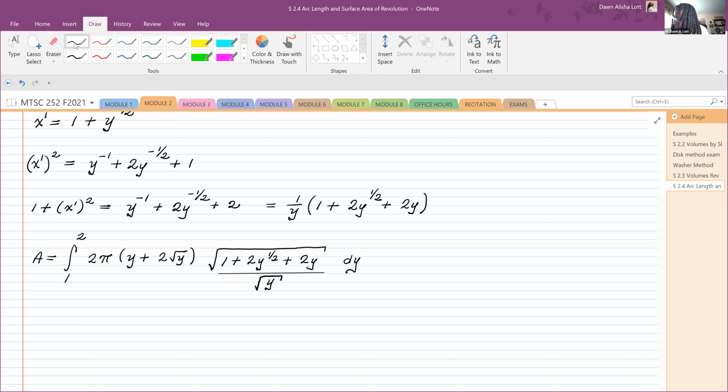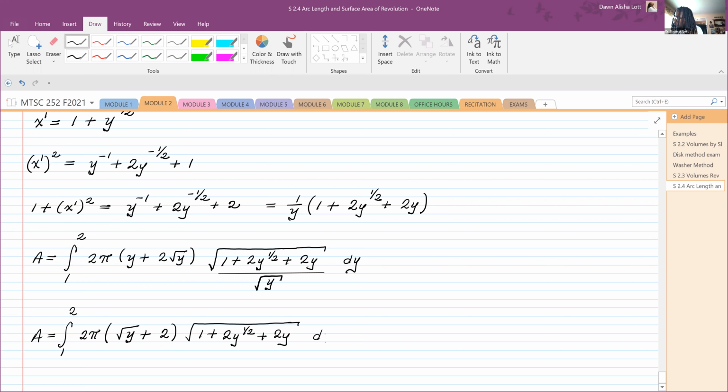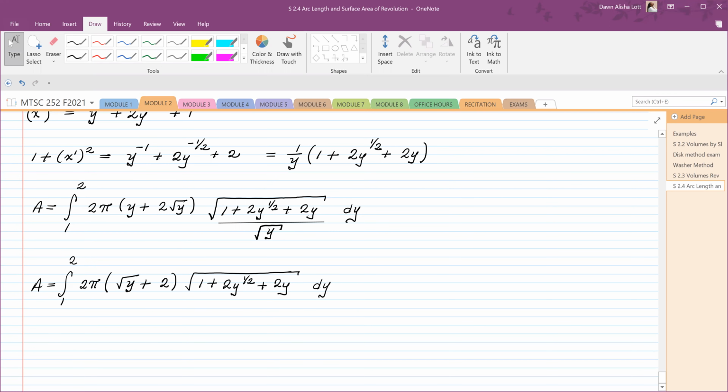Now I can see A is equal to the integral from 1 to 2 of 2 pi times the square root of y plus 2, and then the square root of 1 plus 2y to the 1/2 power plus 2y. To put this inside, I have to put that inside as that thing squared and then simplify. So the major part of this problem is simplifying all of this.